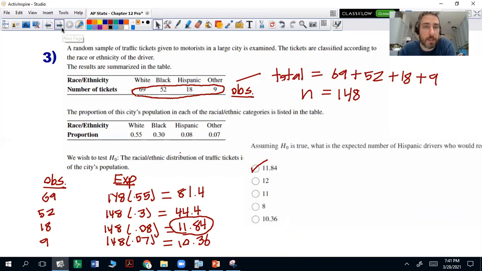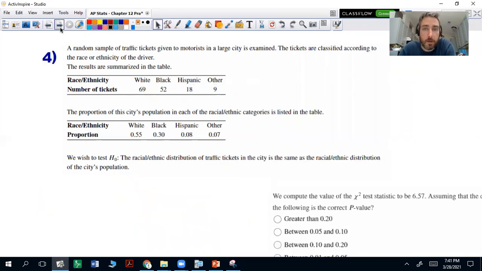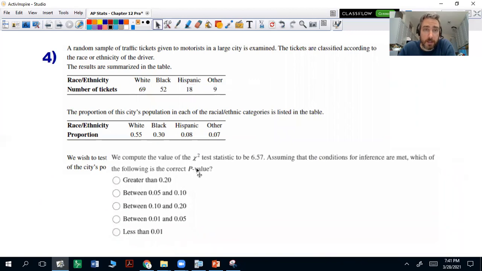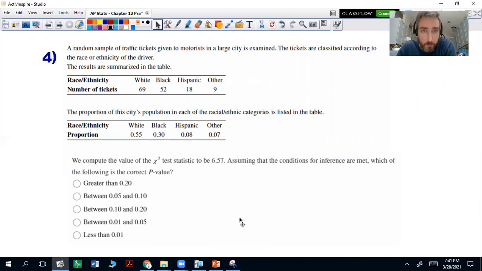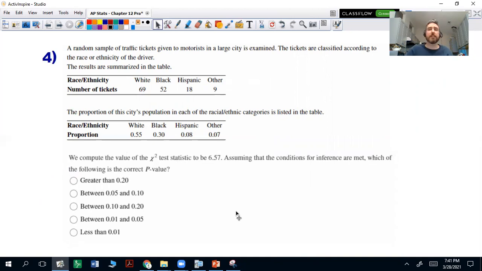We're going to run the test itself with the numbers. All right, the next question. We wish to test the null, and the value of the test statistic is computed to be 6.57. Assuming that the conditions are met, which of the following is the correct p-value? Now, if we're given the test statistic, we can go into chi-squared CDF, so I'll show you that one first.